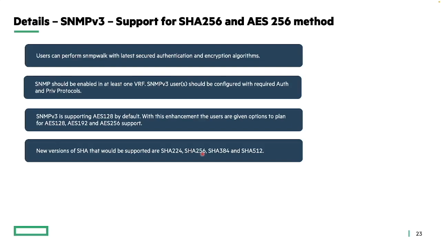SNMP version 3 supports AES-128 by default today. Now with this new enhancement, users are given options to plan for AES-128, AES-192, and AES-256 support. New versions of SHA that would be supported are SHA 224, SHA 256, SHA 384, and SHA 512, right?